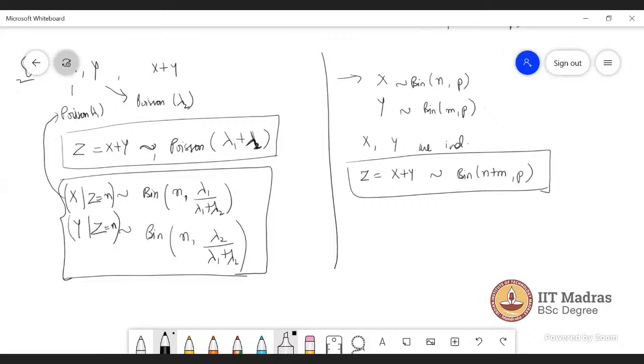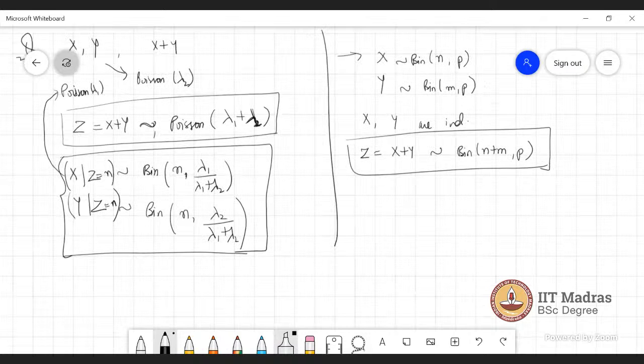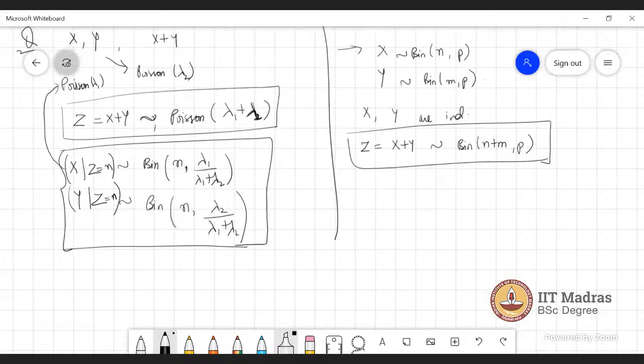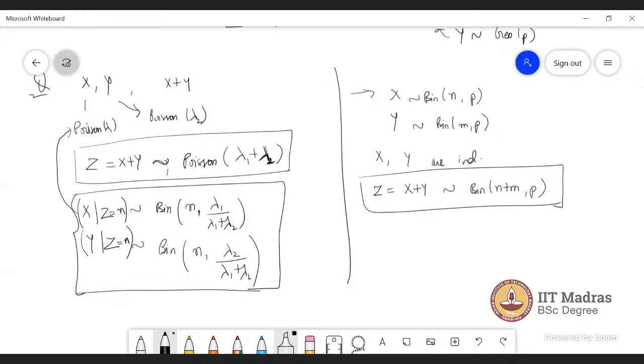Okay, so now we'll move on. If n is different, then it will be Poisson. If n is same, then it will be Poisson, or else it will be binomial, right? Which one you're talking about? This left and right.